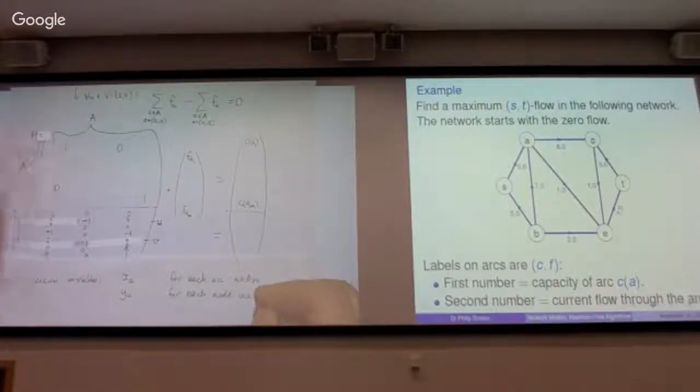That is because those were our rows, and now they become columns. Well, not for S and T, because we didn't have a constraint for the source or for the target, so we don't have a decision variable for the source or for the target.